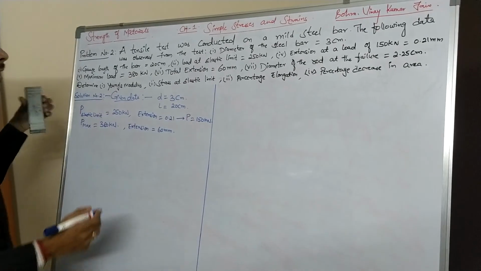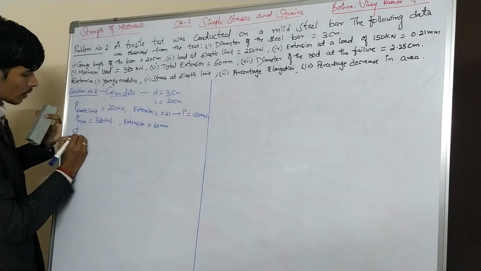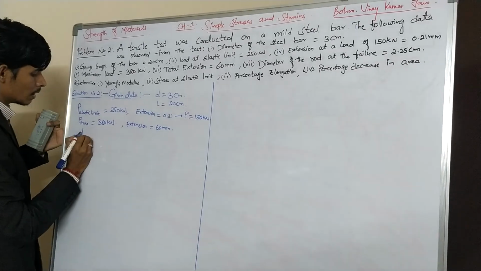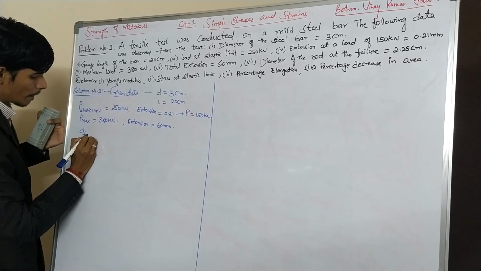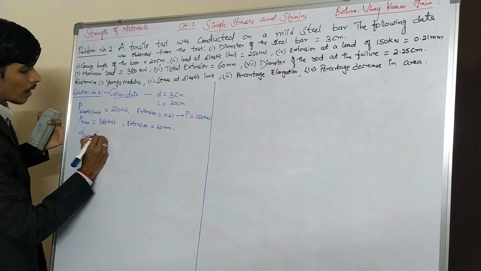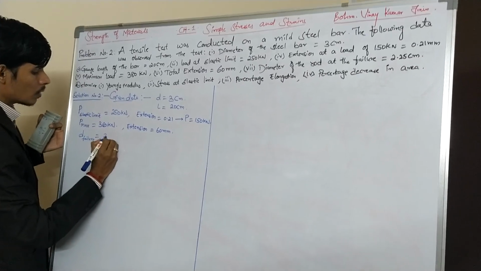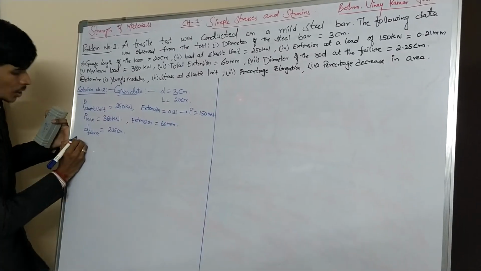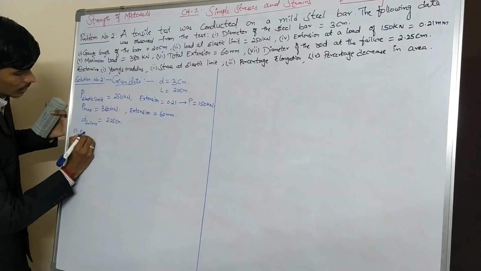And given is diameter of rod at failure, denoted by D at failure. How much has he given? 2.25 centimeter.